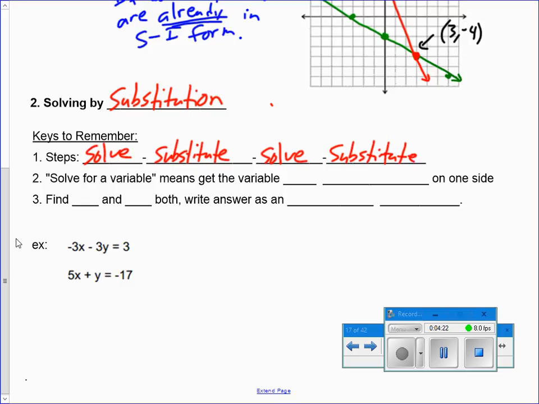So solve, substitute, solve, substitute. Remember that solving for a variable means we get the variable by itself on one side of the equation. And this is easier with the graph because we're actually pointing at a point. Remember, when we're doing this algebraically, we have to go through and find both x and y and write our answer as an ordered pair.